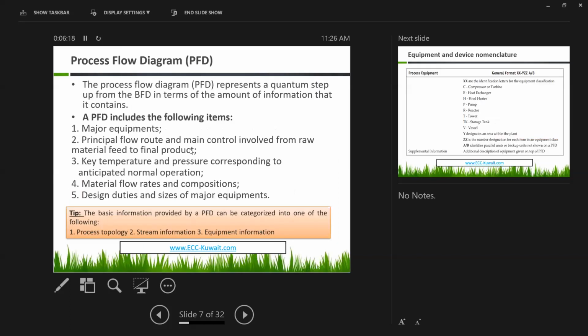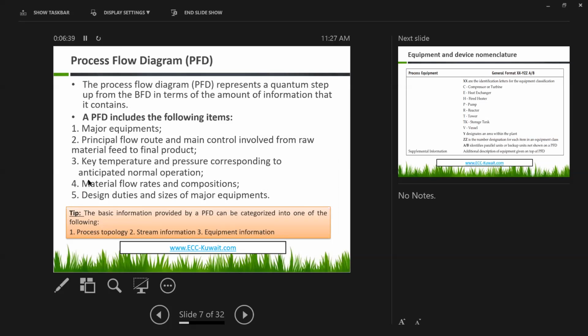There is another type, or the second type, the more developed type, which is the process flow diagram. In the process flow diagram, we represent a quantum step up from the BFD in terms of the amount of information that it contains.